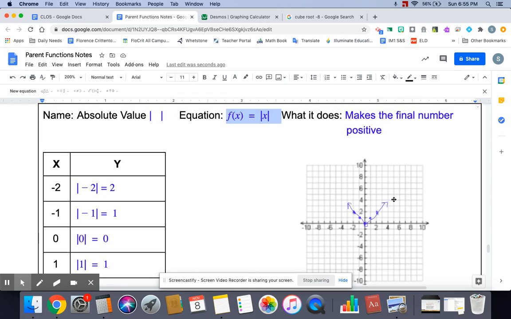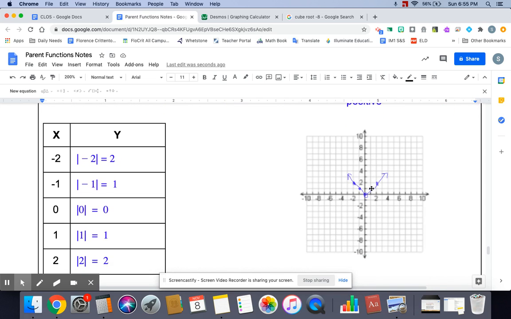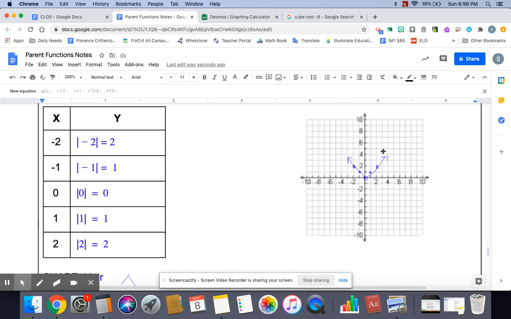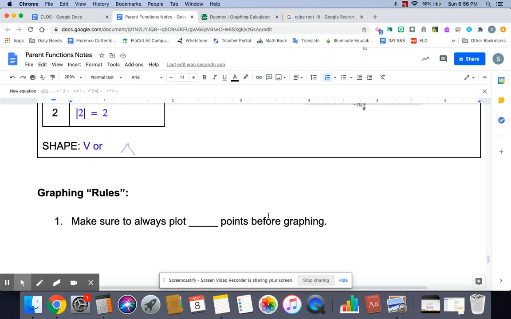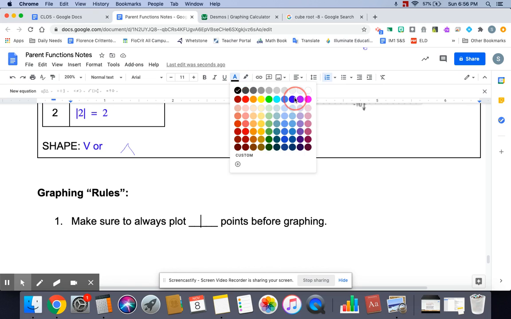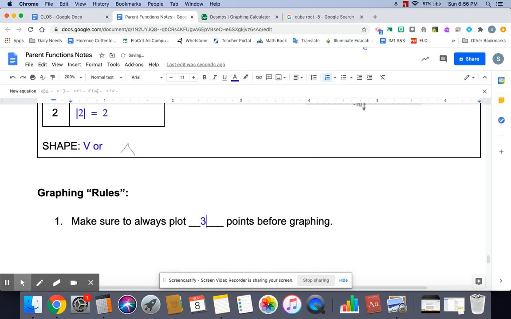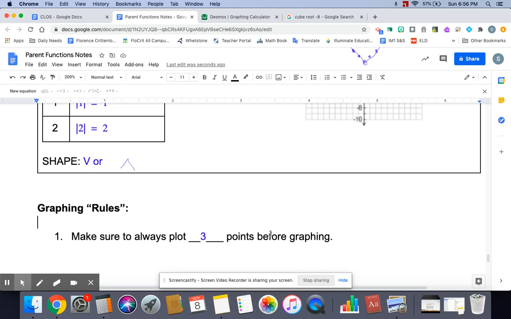So in order to make the graph, you have to be able to know all the different transformations and apply them and then make the right shape based on which family it's in. But in order to do that, you always have to make sure that you're plotting at least 3 points every single time before you make your graph to make sure it's a good graph. So you want 3 points and then you'll make the shape.